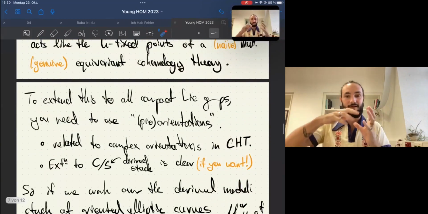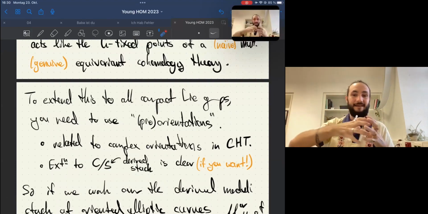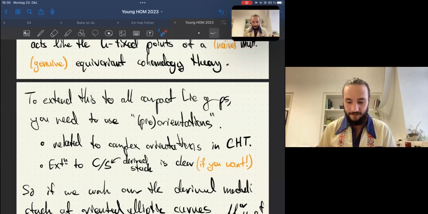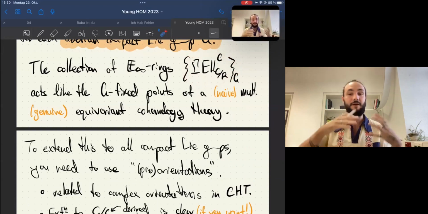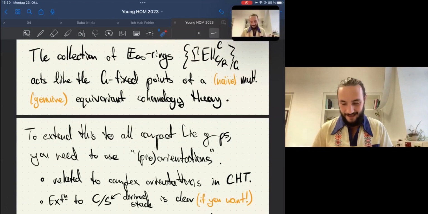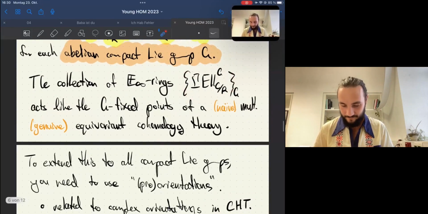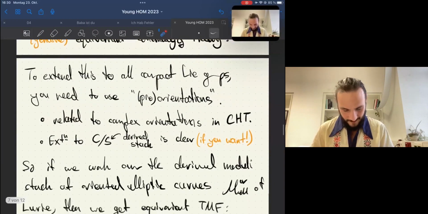You just need to write down an atlas for your scheme or stack as some sort of étale or Zariski hypercover, and then define these global sections as a limit over all the affine pieces. Of course, when I say a limit over affine pieces, I need to say where this limit is taking place, but if you do it in E-infinity rings, then you're in the right place.